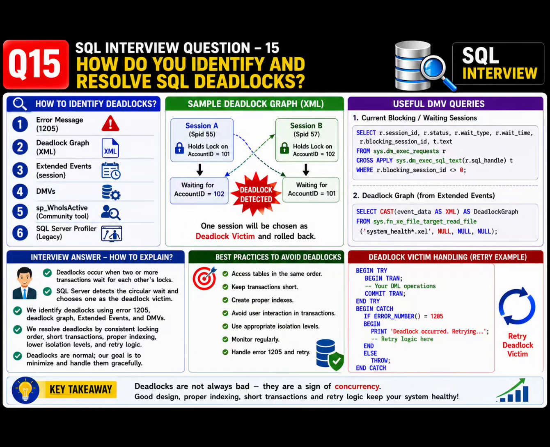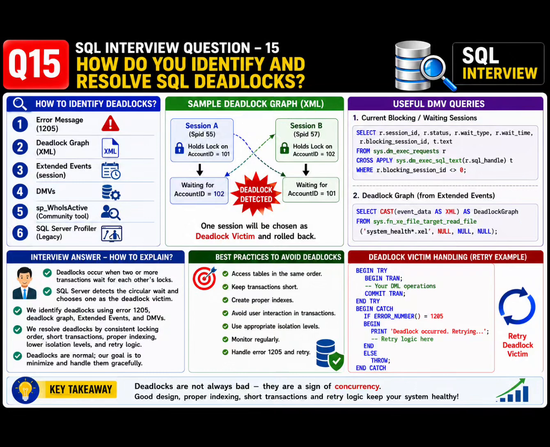To troubleshoot, I check the deadlock graph, extended events, and DMVs. So, to prevent future deadlocks, I ensure a consistent table access order, keep transactions short, create proper indexes, use appropriate isolation levels, and implement retry logic for the 1205 error. This answer demonstrates both conceptual knowledge and real production experience.